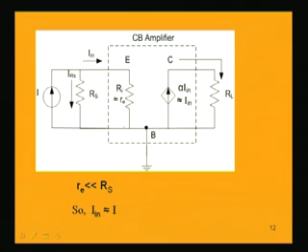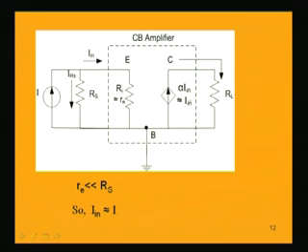Now, the common base amplifier has a current gain of maximum value 1, that is, alpha can be the current gain of this common base amplifier, and its value can be maximum 1. So if we consider the output current, alpha times IE, where IE is this current, that current is equal to the input current now.